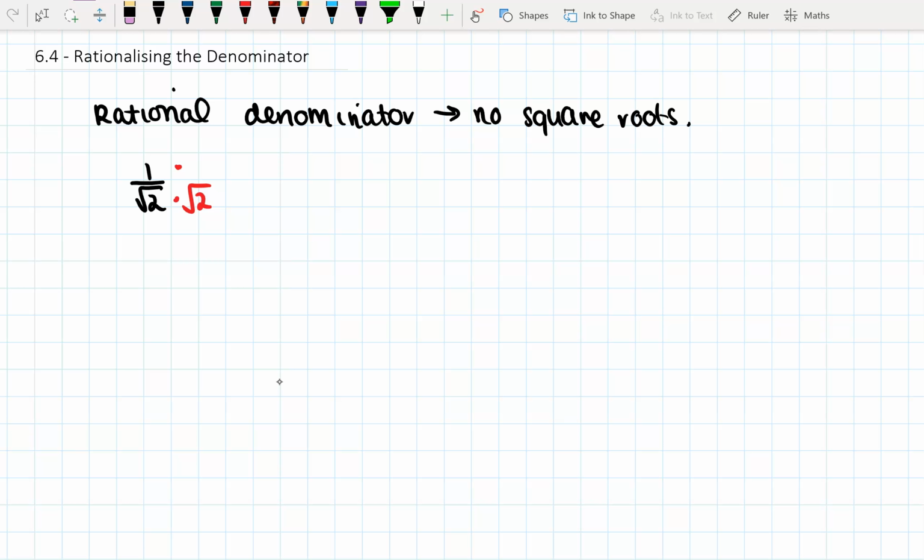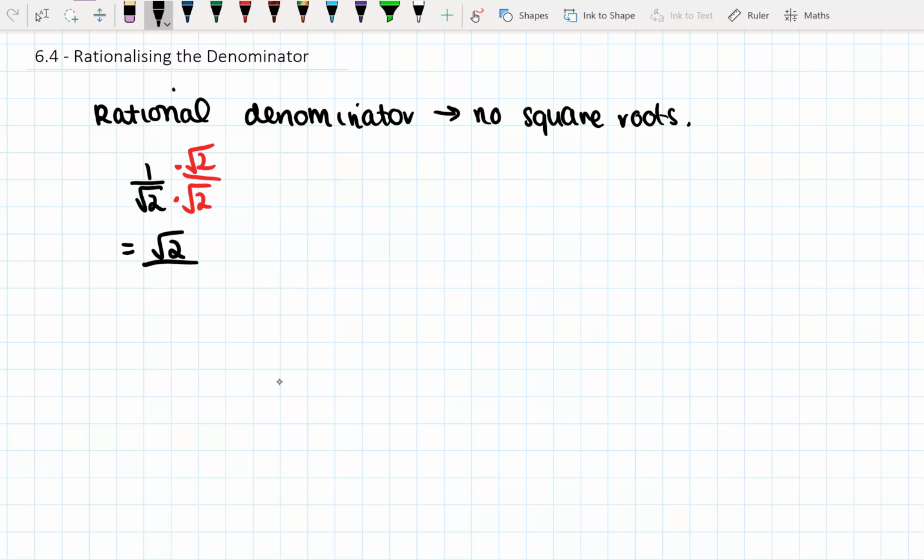So instead of squaring, what we actually do is we just multiply by root 2 divided by root 2. Have a look at what's in the denominator, multiply by that number. What we get as a result is the numerator will now be 1 times root 2, so just root 2.